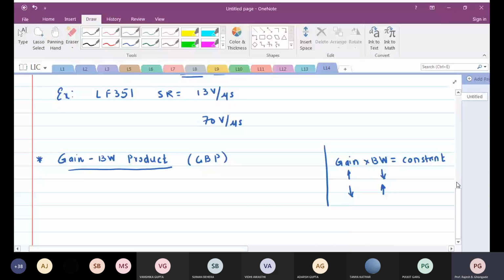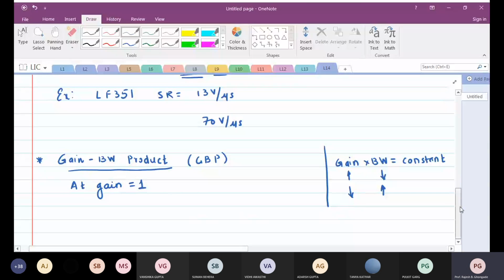So for operational amplifier, most of the time it is specified at a unity gain. So at gain equal to 1, the gain bandwidth product is specified. For 741, this gain bandwidth product happens to be 1 megahertz.